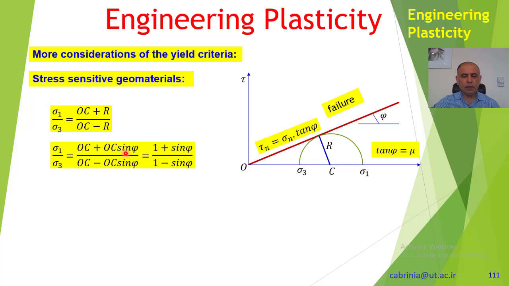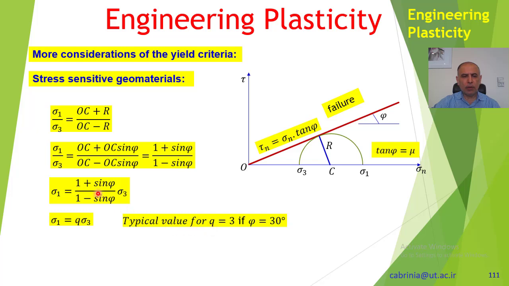So sigma 1 is OC plus OC sine phi, and sigma 3 is OC minus OC sine phi. Here OC cancels out and we get (1 plus sine phi) over (1 minus sine phi). Therefore sigma 1 could be written in terms of sigma 3 times this ratio. We call this ratio Q. Therefore sigma 1 is Q times sigma 3.